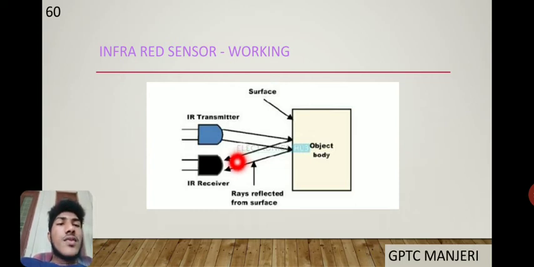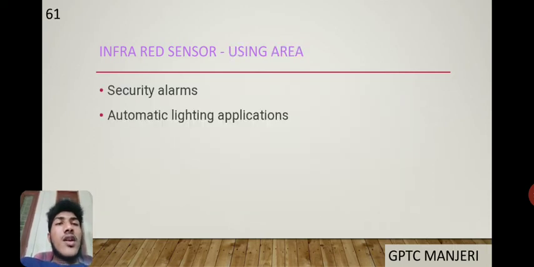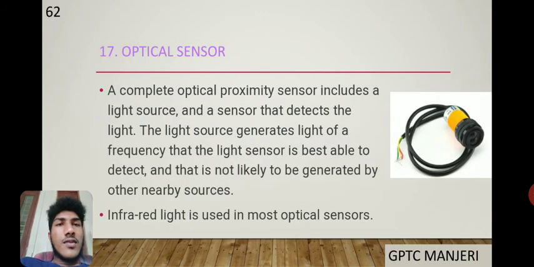So the presence of the object is detected. Infrared sensor usage areas: security alarms and automatic lighting applications. And we are going to discuss the optical sensor.